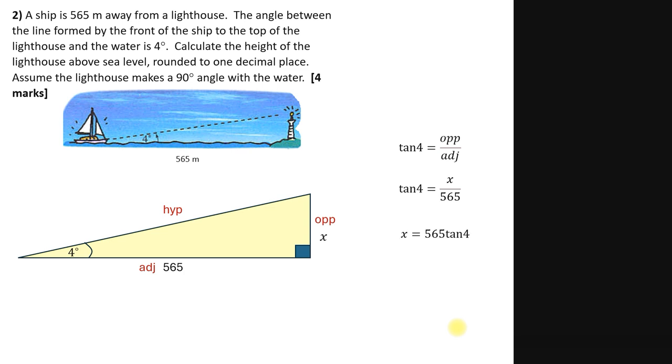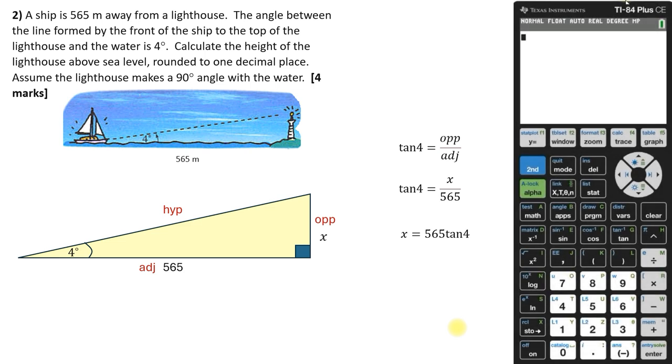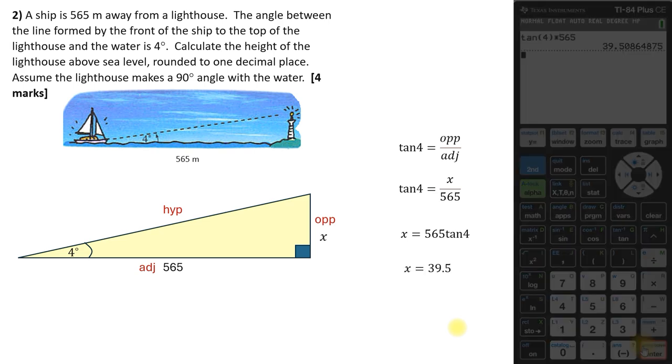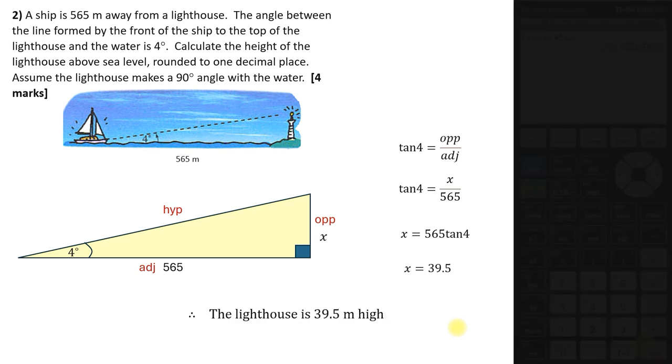Therefore, x equals 565 times the tangent of 4. So we're being asked to solve 565 times tan 4. Go to tan. Type in 4, close the bracket, multiply by 565, giving us an answer of 39.5. Therefore, our lighthouse is 39.5 meters high.